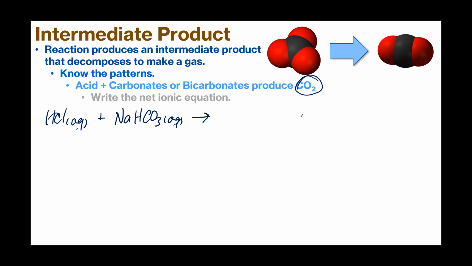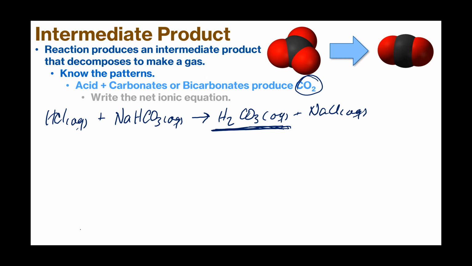Now, I'm going to give you a note here. I'm trying to figure out what the best way to explain this is going to be. If you predict this with a metathesis, what you're going to get is H2CO3, which is aqueous, and NaCl, which is aqueous. This is our intermediate, the carbonic acid intermediate.